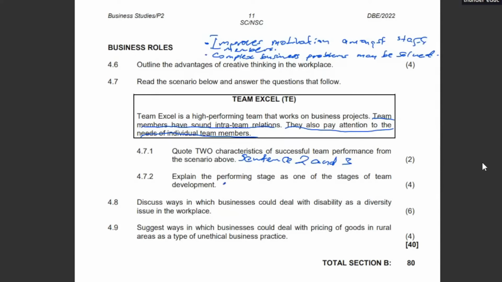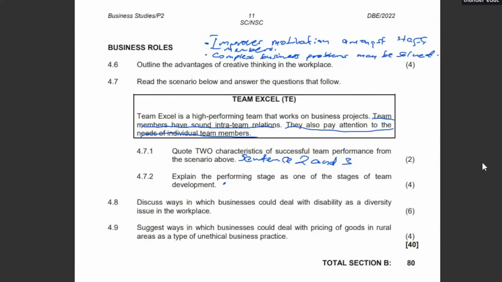So now performing stage, it processes and structure. Under performing stage, processes and structures are actually set. They are properly set. You know the processes and the structures that are actually in place. And also under this stage, there is clear direction without interference from the leader.